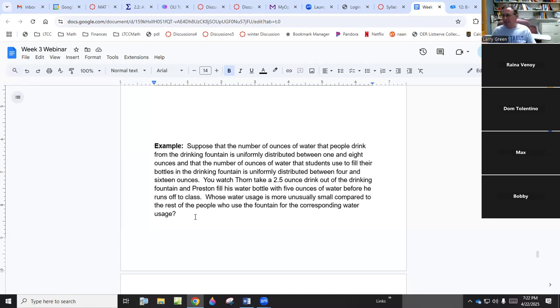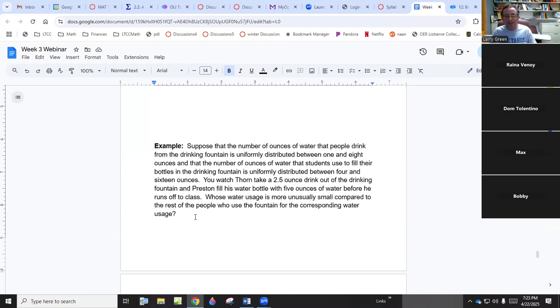Okay, so now this is important. What does it mean to be unusually small? In other words, how do we measure how unusually small something is? And this is something that we had in week 1. Who remembers we had something that measured how unusual something was? Yeah, got the right idea, but not charts, z-scores, you call them. So z-scores.